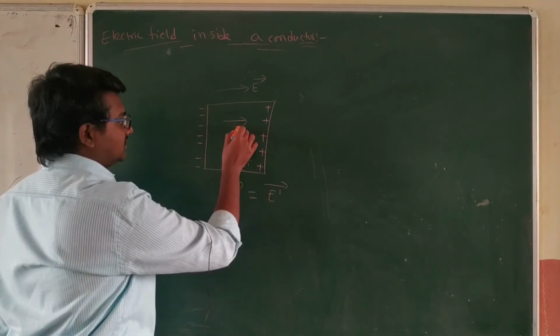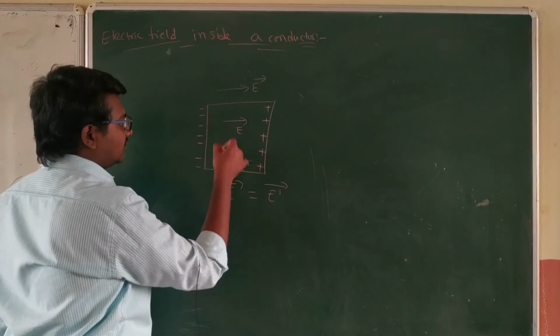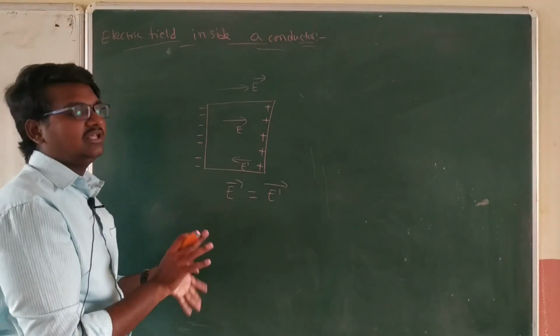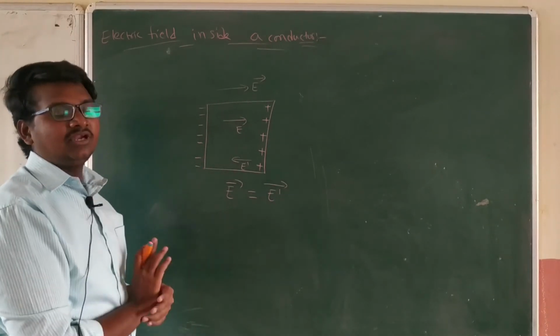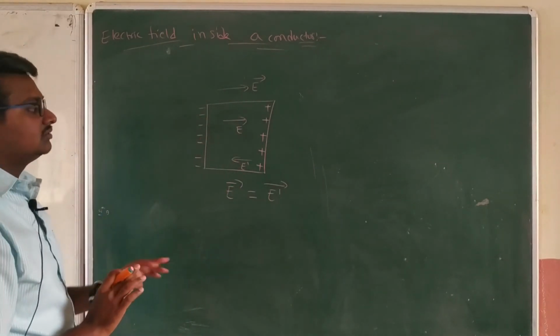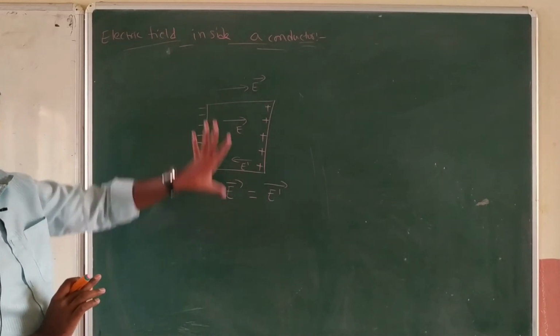Once it reaches E, they cancel each other and nothing more develops. Then it becomes completely 0, meaning the electric field inside a conductor becomes 0. This total process happens in nearly microseconds, less than a millisecond.